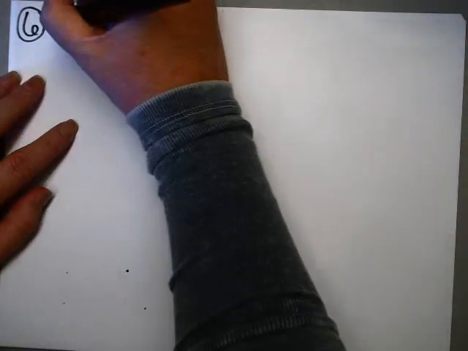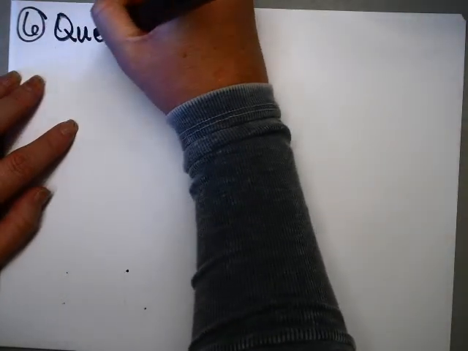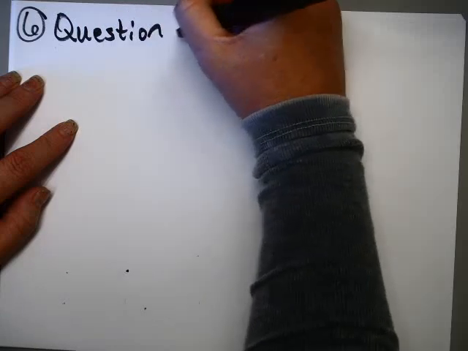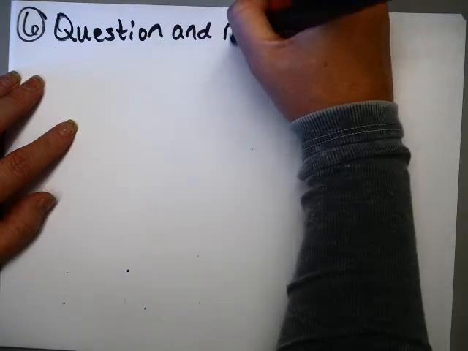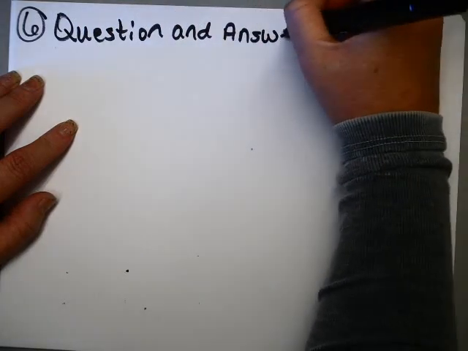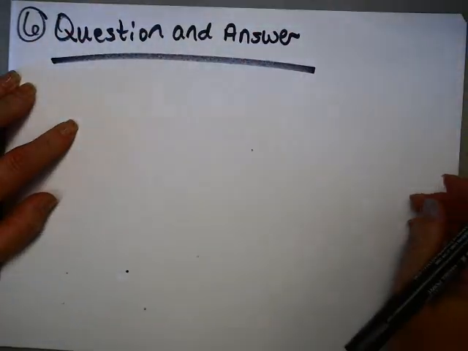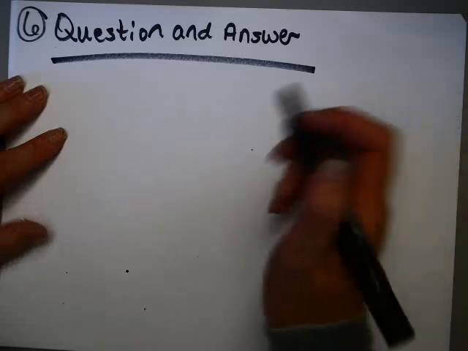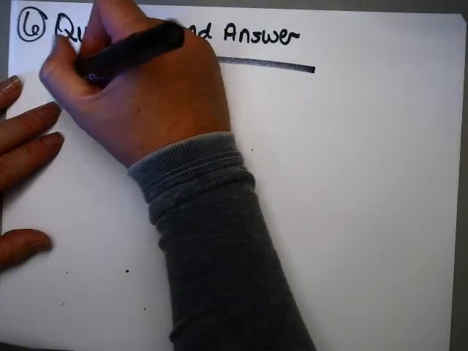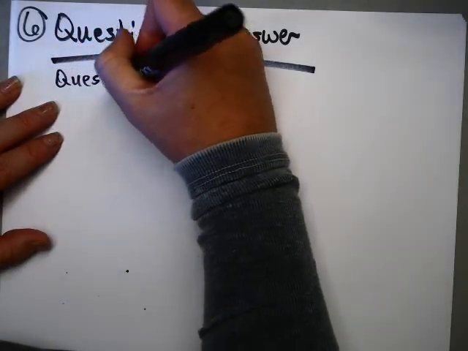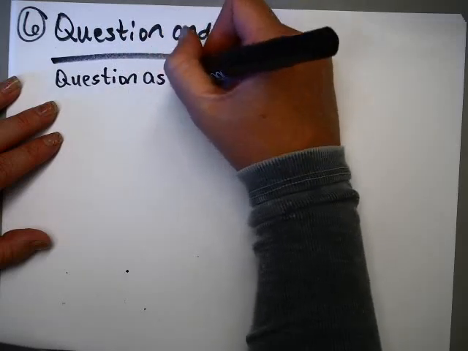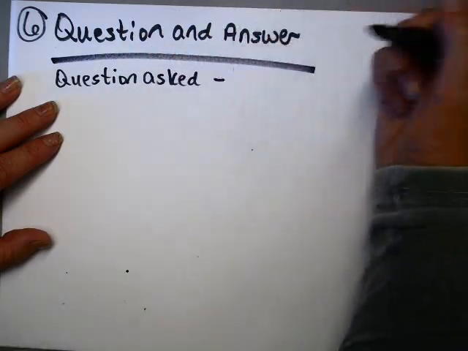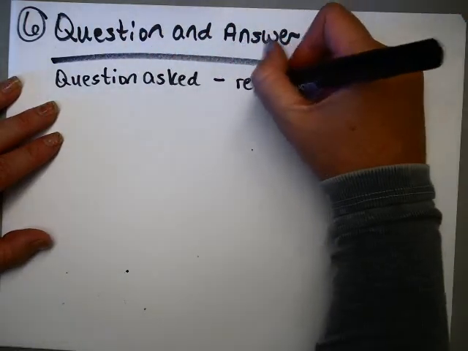Our last one, this one is the easiest one to remember, and this one is question and answer. Okay, so question and answer is very, very simple. Basically, we have a question asked, and then we have a response for it, the answer to it.